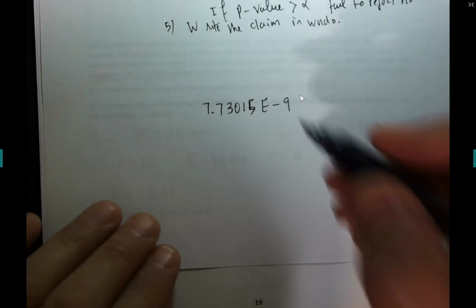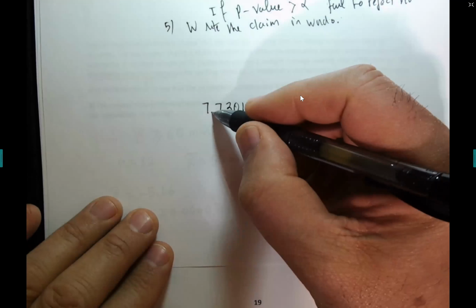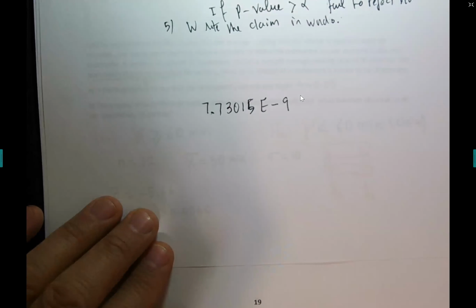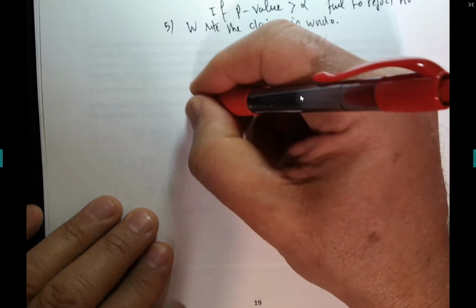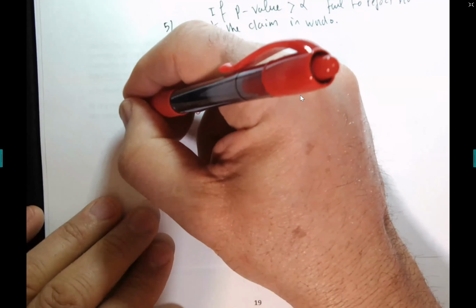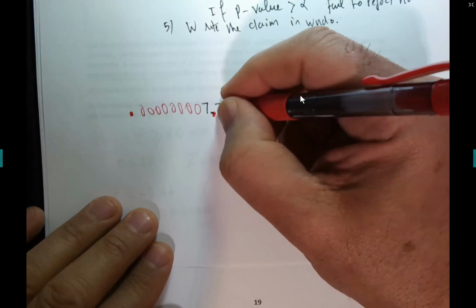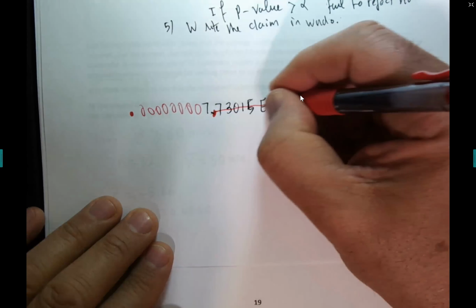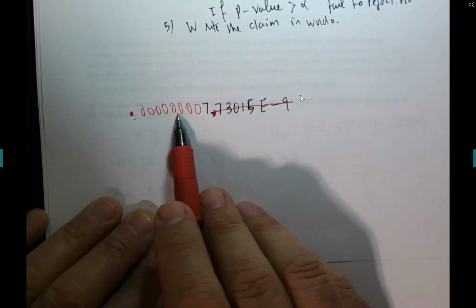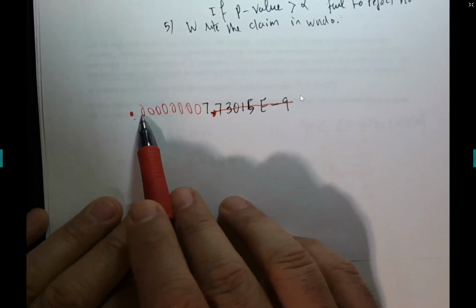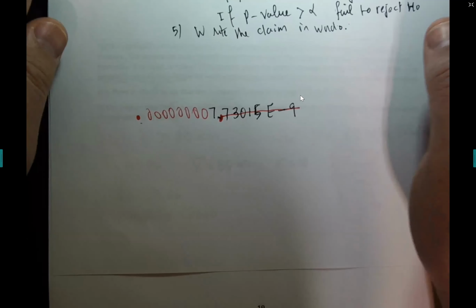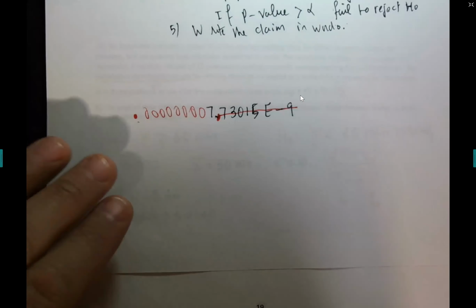Look, it means that you have to move the decimal 9 digits to the left. If I move the decimal 9 digits to the left, I need to put 8 zeros. So here is your number. Forget about this. You see? 0.000000007. Well, we want only 4 decimal places, so it's going to be 0. Does that make sense? That is the p-value.